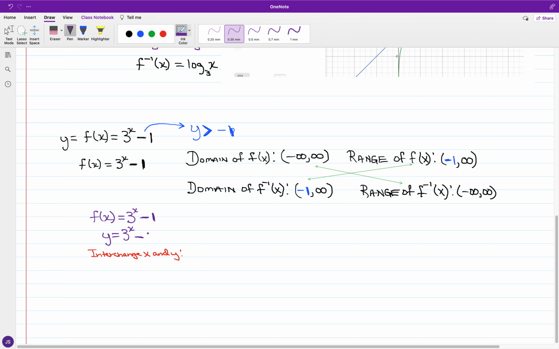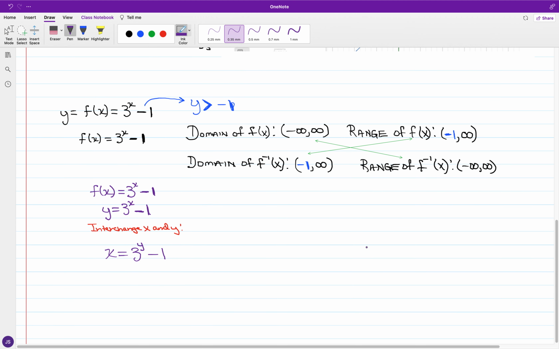Let's say y is equal to 3 to the x minus 1. And again, if I interchange x and y, I have x is equal to 3 to the y minus 1.